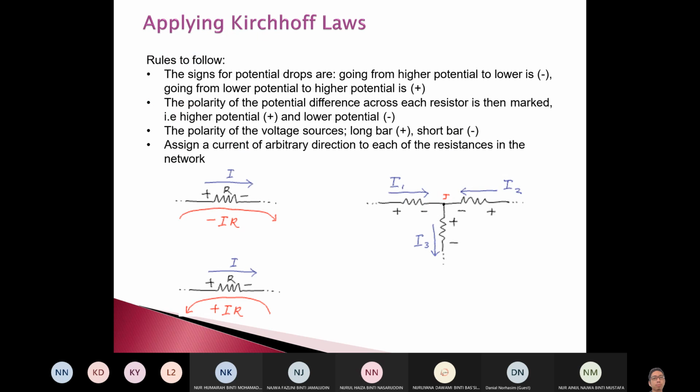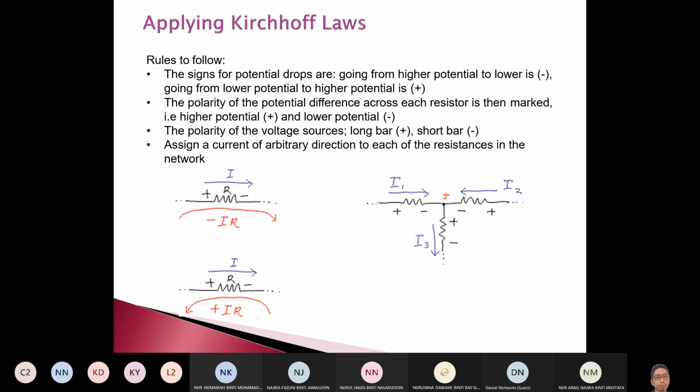So we have a couple of rules to follow. The sign of the potential drops going from higher potential to lower is negative. Going from lower potential to higher potential is positive. The polarity of the potential difference across each resistor is marked higher potential and lower potential, as you can see here.